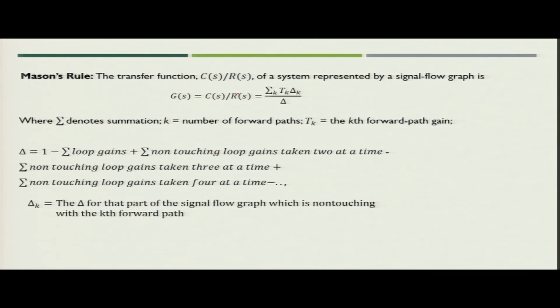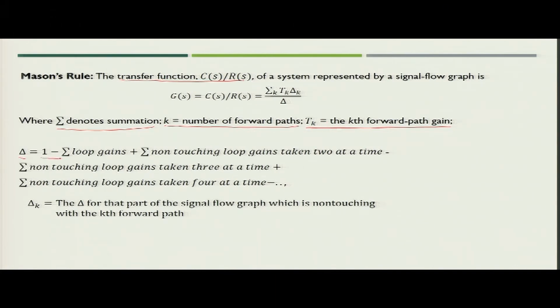Suppose C(s) is the output and R(s) is the input Laplace transform. The transfer function of the system can be represented as C(s) upon R(s), which with the help of Mason's rule is sigma k T_k delta_k by delta. Sigma is the summation symbol, k is the number of forward paths in the signal flow graph, T_k is the kth forward path gain, and what is delta?